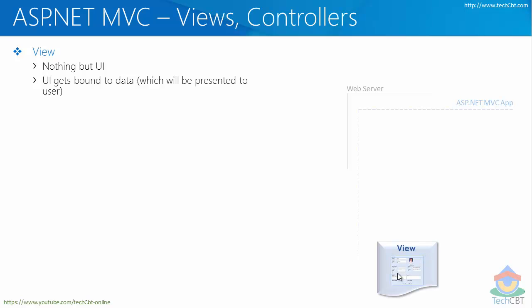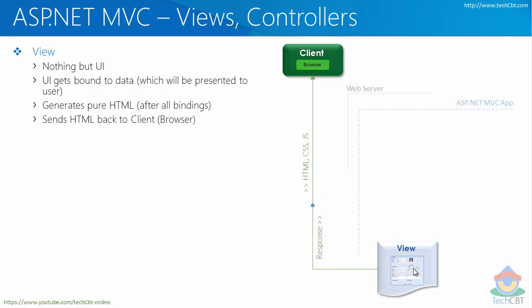So the data grid, which is going to be available on the user interface, which is nothing but a view, may need to bind to the data with respect to addresses or something else. So all of those UI elements get bound to the data and finally will be presented to the user.